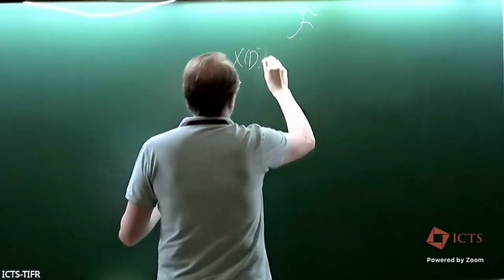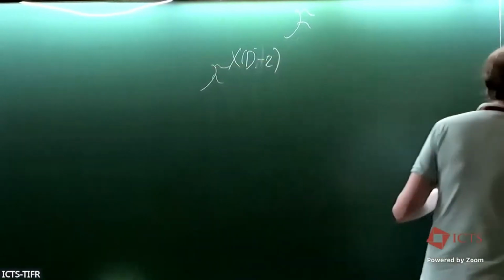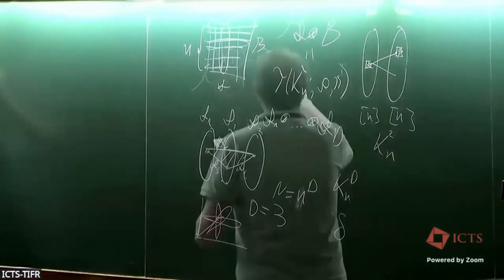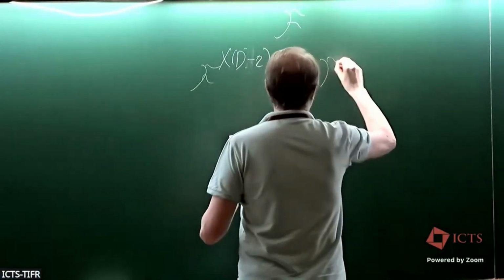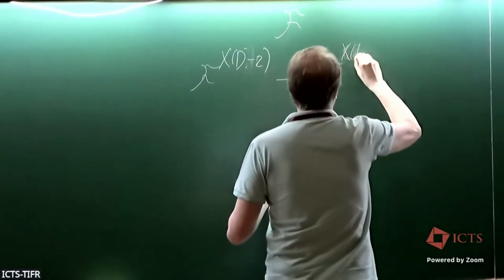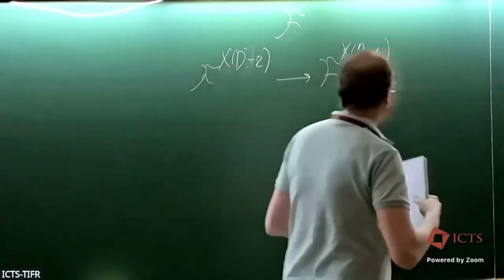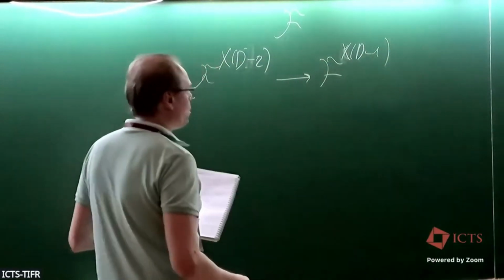As I said, we have d-2 dimensional objects, which in this case correspond to edges, and d-1 dimensional objects, which in this case correspond to triangles.